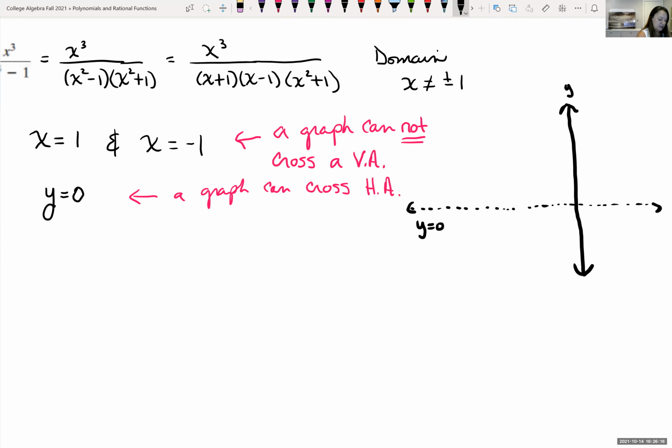And we have two vertical asymptotes at x equals 1 and x equals -1. So we have a dotted line coming through x equals -1 and x equals +1.